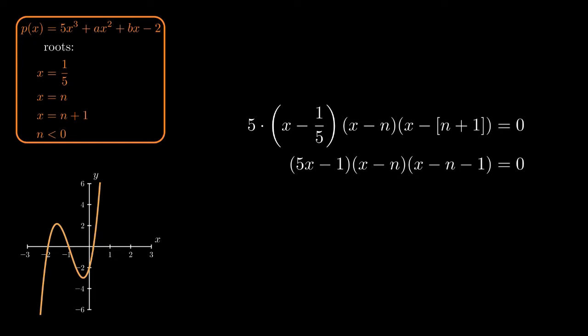Okay, so what can we do here? Basically what we can say is that the constant value of -2 can be made by multiplying the negative root. Yeah. So the second term in each factor. When I multiply those, that is the only way.